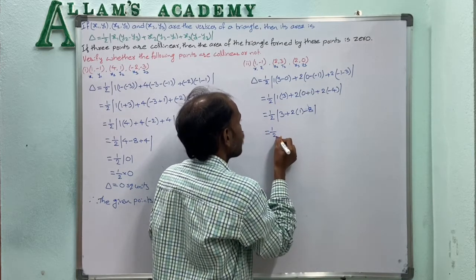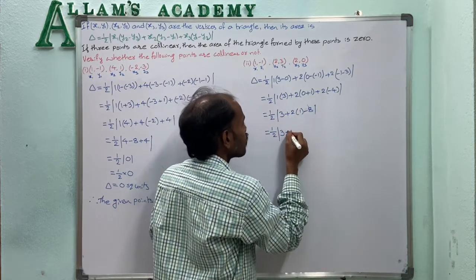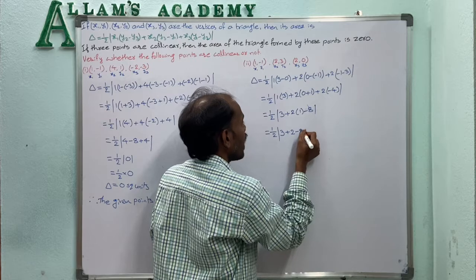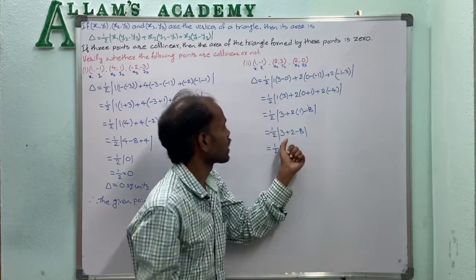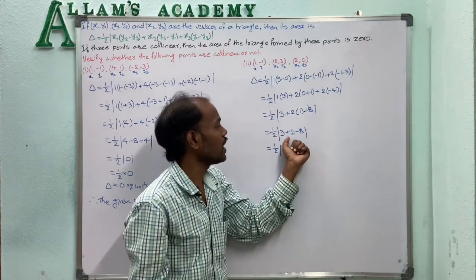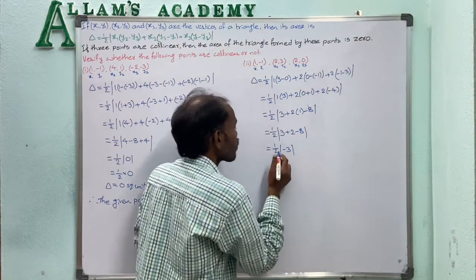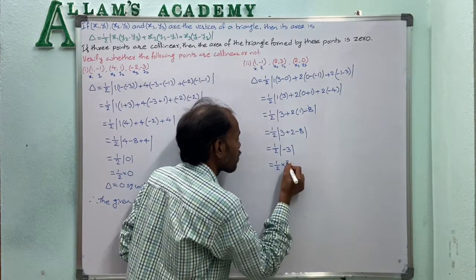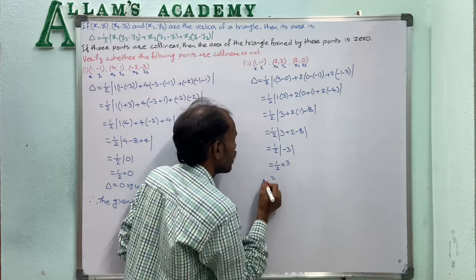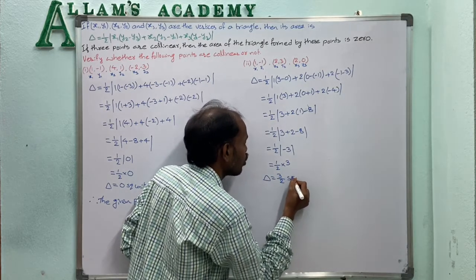So 3 plus 2 is equal to 5, 5 minus 8 is equal to minus 3. So half into mod of minus 3; in a mod, whether negative or positive, we take positive only. So half into 3, that is nothing but 3 by 2.